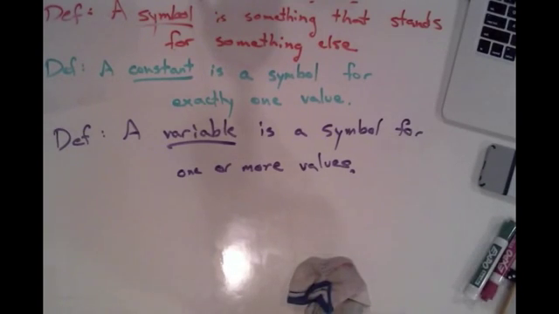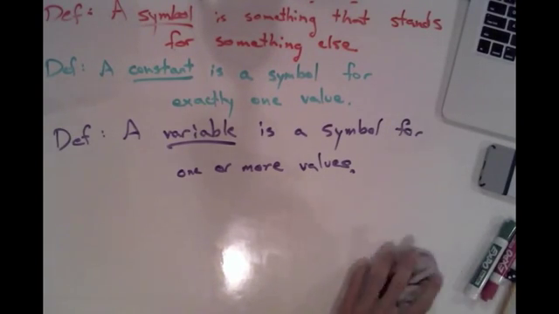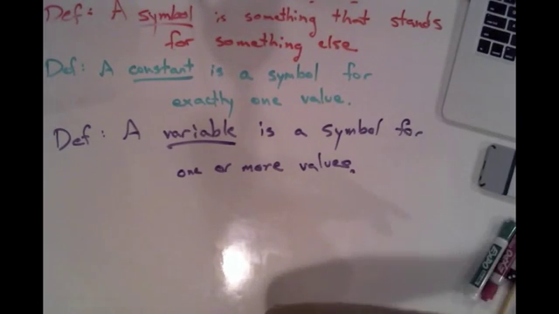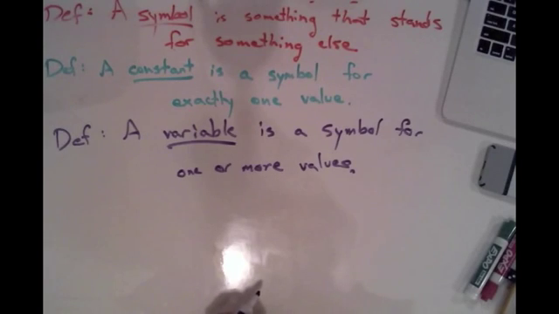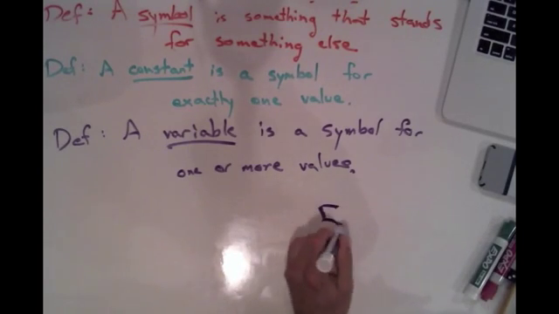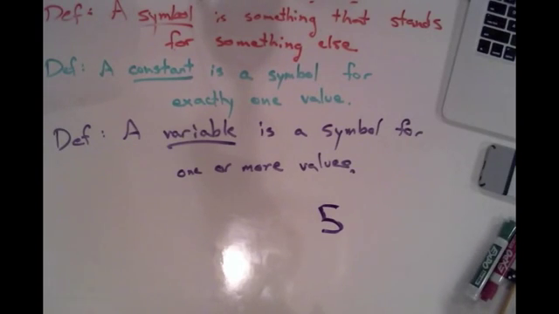Yes, it is. So a constant is actually a type of variable. The thing about a constant is there's only one thing it can stand for. And that's why constants are so unambiguous. I mean, every time I write this, you know exactly what I'm talking about, because there's only one thing it can stand for.